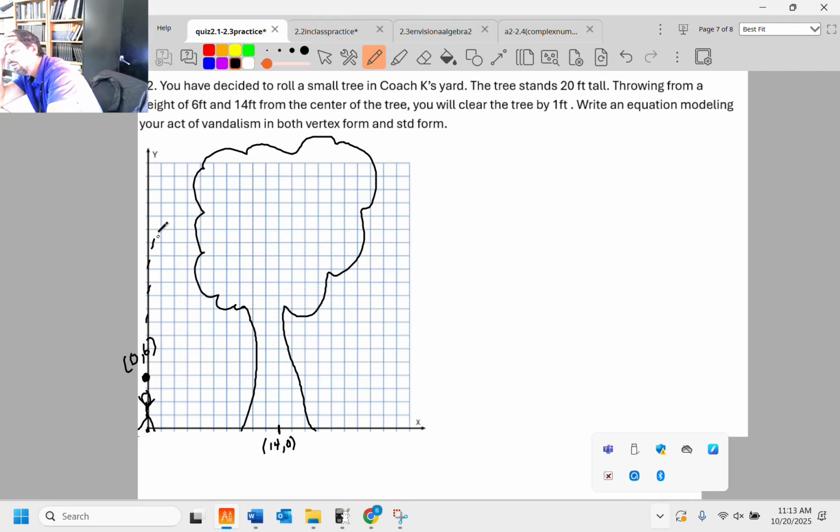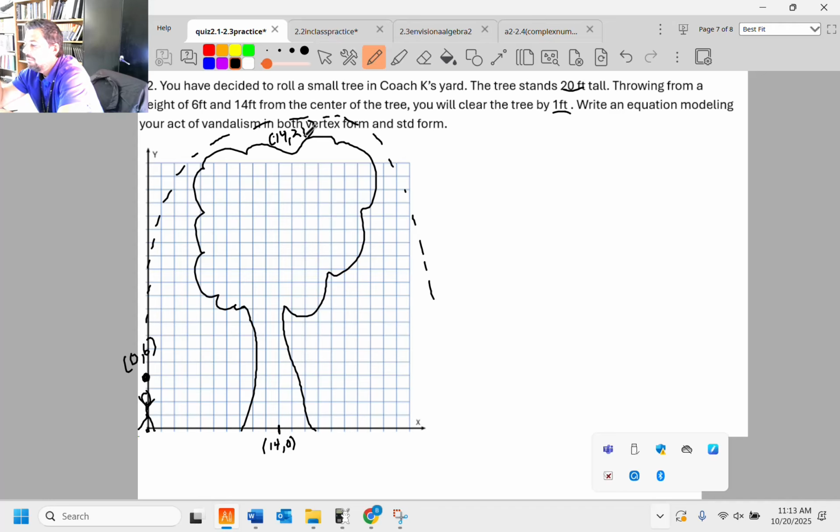It's going to go up and over the tree and then come back down. Now, you're going to clear the tree by 1 foot. Remember, the tree is 20 foot tall. You're going to clear it by 1 foot. So at the center of the tree, your ordered pair is going to be 14, 21. Because it was 20 foot tall, you cleared it by a foot. And there you go. That's what you have to have.